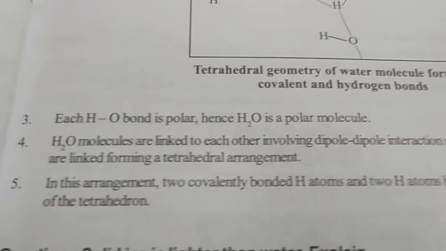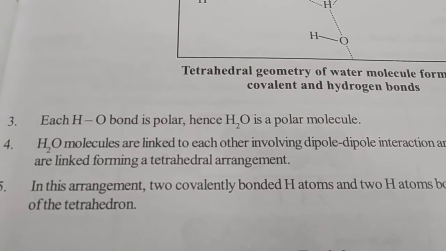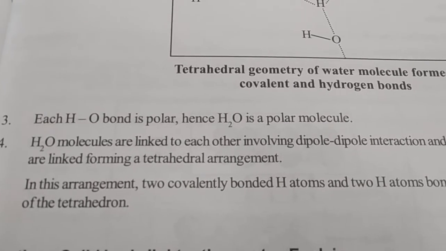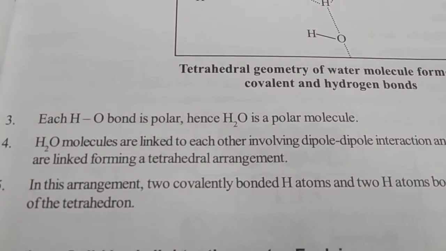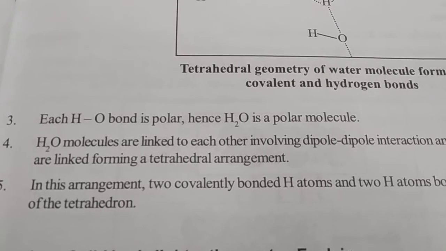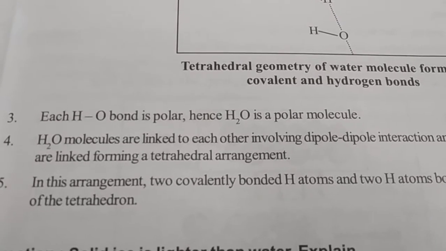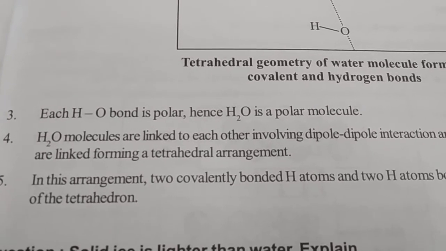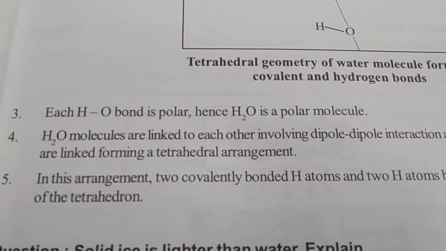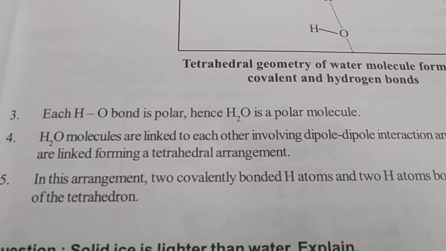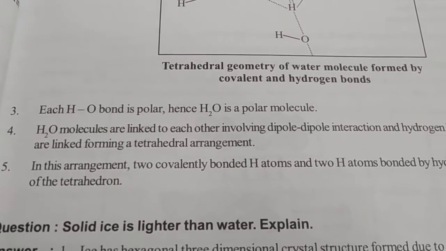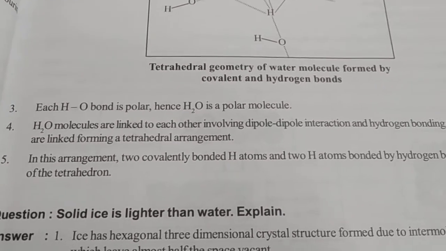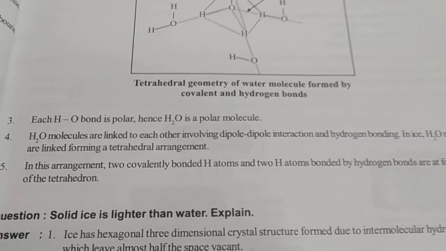Third point, each OH bond is polar, hence water is a polar molecule. The electronegativity difference between oxygen and hydrogen is more, therefore it is a polar molecule. But it also comes under hydrogen bonded molecular solids, because oxygen is a very electronegative element. Water molecules are linked to each other involving dipole-dipole interactions and hydrogen bonding.